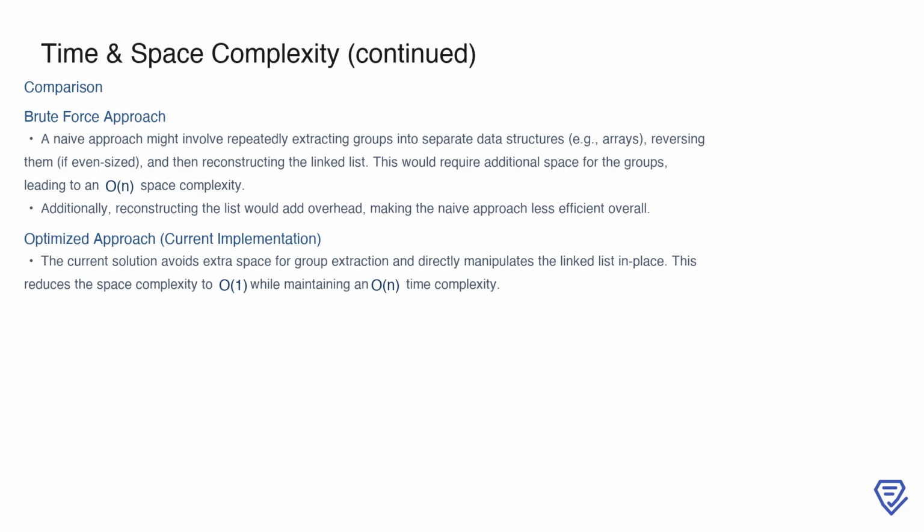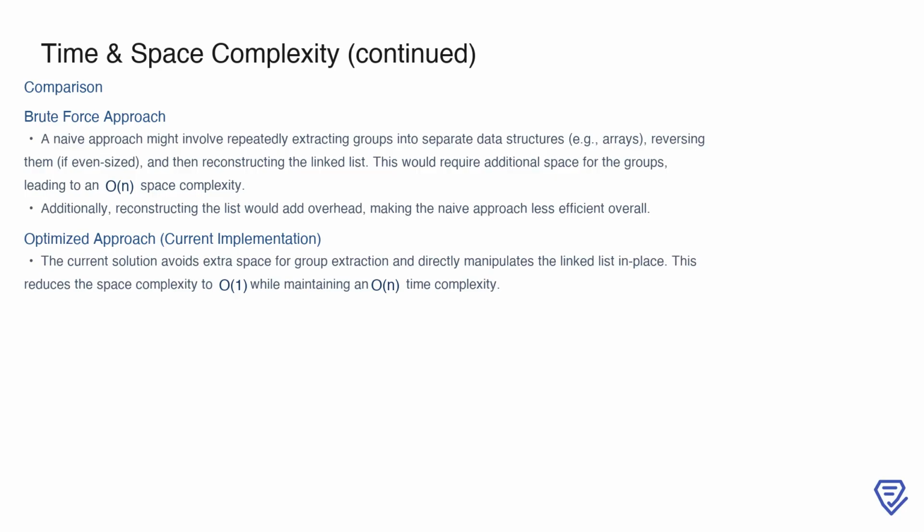To understand the efficiency of this approach, let's compare it to a brute force method. A naive solution might involve extracting groups into separate data structures, like arrays, reversing them if they're even-sized, and then reconstructing the linked list. This would require additional space to store the groups, leading to an O(n) space complexity.